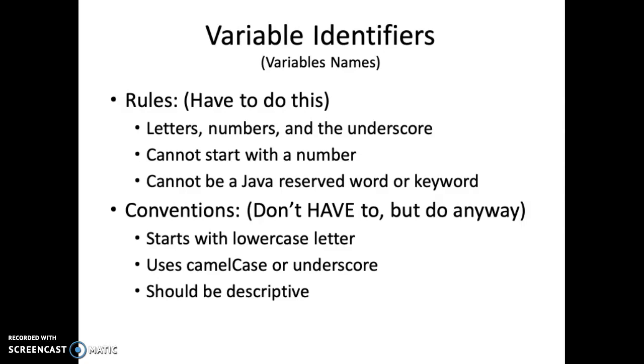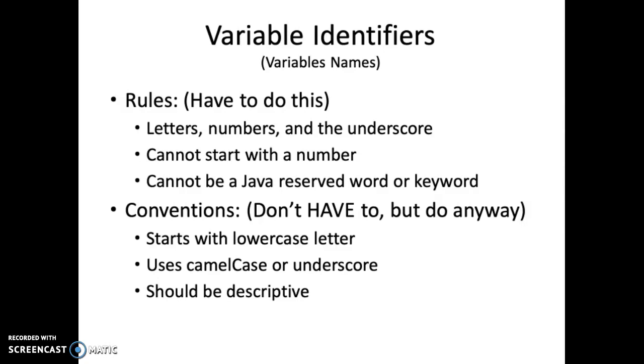So the rules are that your variable names can have letters, numbers, and the underscore, but that it cannot start with a number. And it can't be a Java reserved word, and I'll tell you what that means in a minute. The conventions are, again, the guidelines we follow so that you can pick up any Java program and it can be more readable for you.